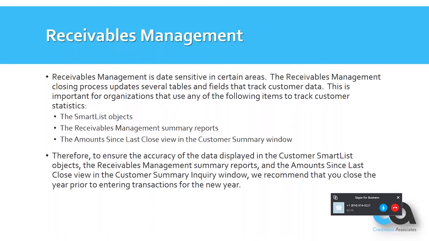But if you've already posted 2019 transactions and then you close your year, it's going to include those 2019 transactions in the amount since the last close fields. So we definitely recommend that you post all of your transactions for the year first, just to make sure everything's accurate in all of those different windows.